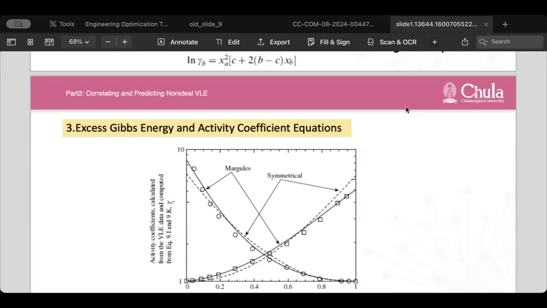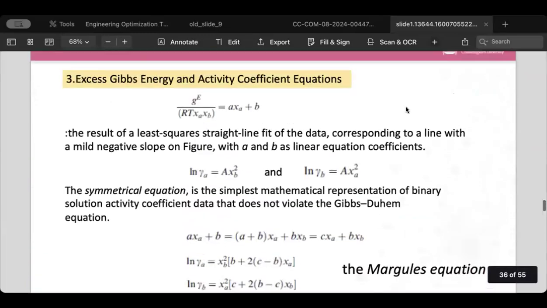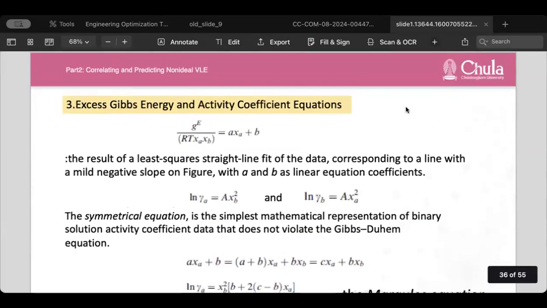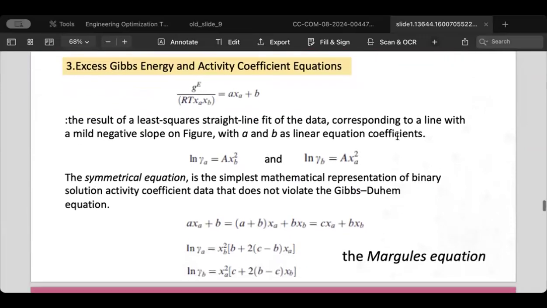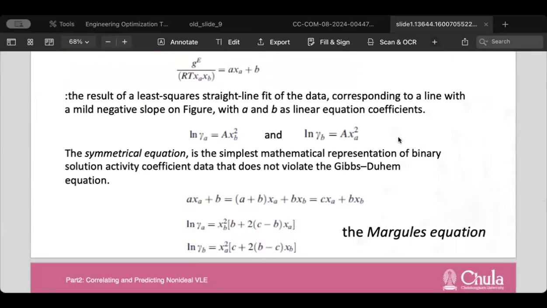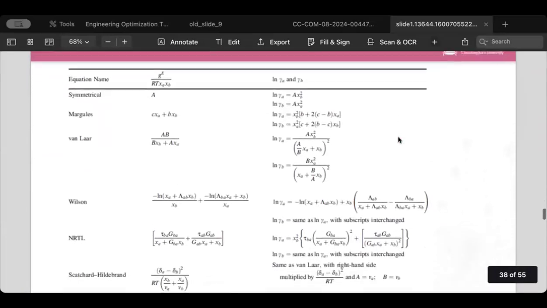And then from the data we obtain, we plot between GE over T, GE over T, X, A, X, B, and then we identify the parameters, okay? So if we model it using two parameter or one parameter, we obtain different model, right?